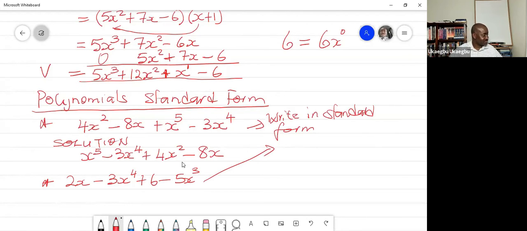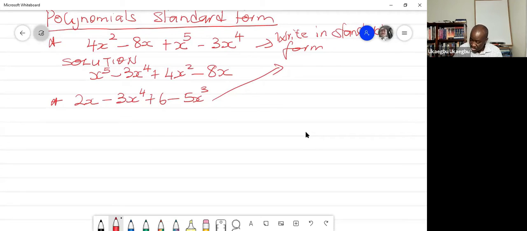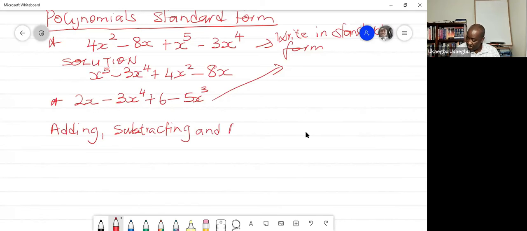You got 30 seconds. Another subtopic would be adding, subtracting, and multiplying polynomials. So make sure you are writing stuff. Do not give me the screenshot of my own work. Write it in your paper, and if you're submitting, you submit your paper.